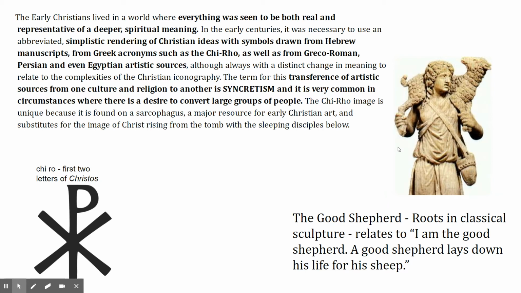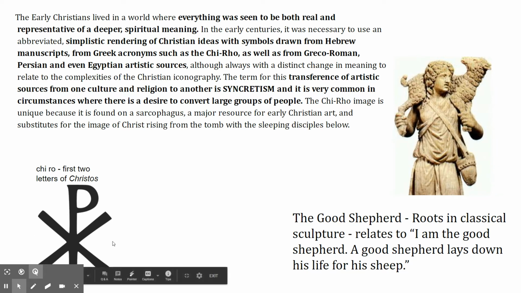Why is that important? Well, because Christ says, I am the good shepherd, and I'm going to go after my lost sheep, et cetera, et cetera. So that just happens to align with that idea. That's one of the most important ideas that Christ has to offer his worshipers. So of course the Christians are going to use these classical images, right?